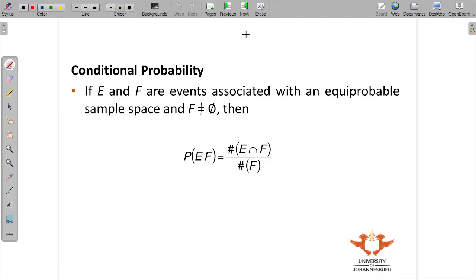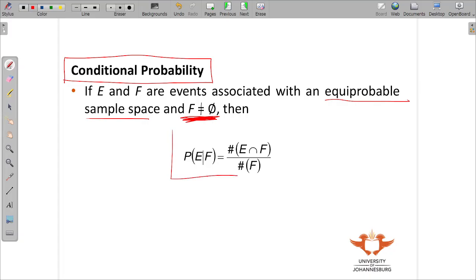In the previous video, we mentioned conditional probability. If two events, E and F, are events associated with an equiprobable sample space and F is not empty, then we have this formula for the probability of E given F. Don't forget, F has occurred, or F is given.